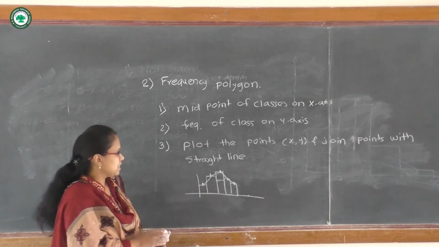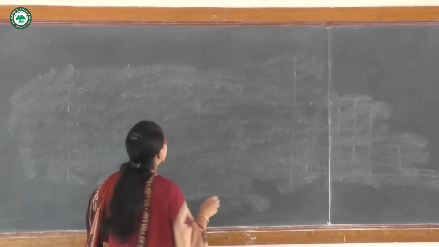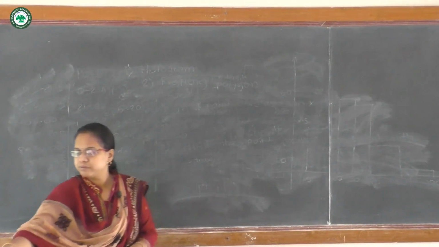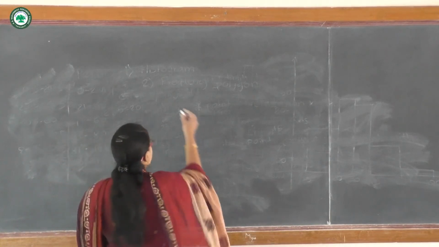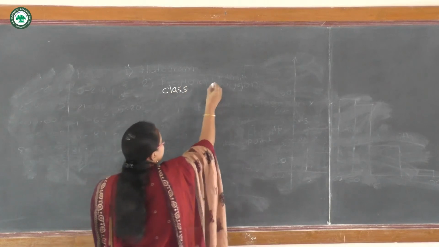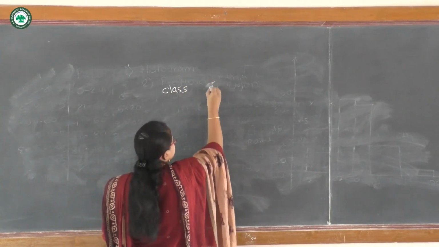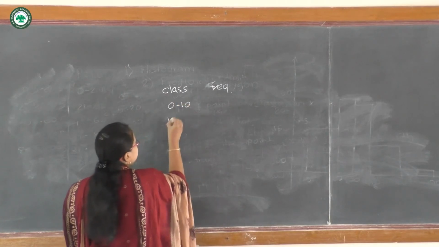So let's see one example. Suppose we are given data, and we are asked to draw the frequency polygon. So these are class and frequency. So it is 0 to 10.